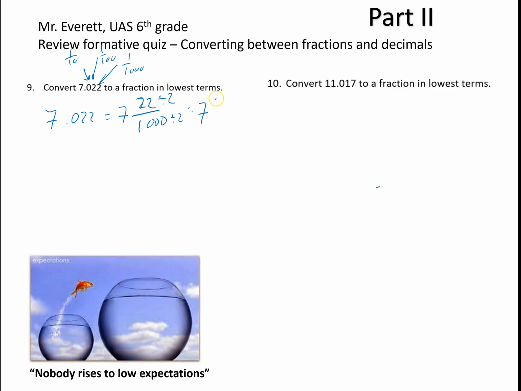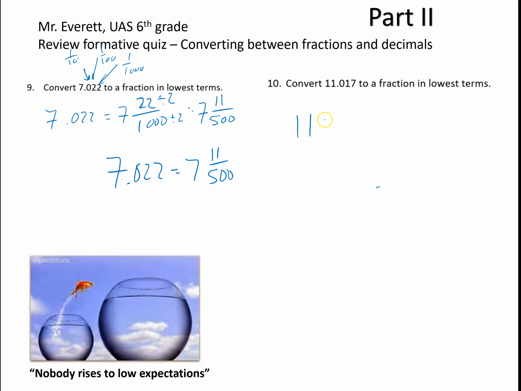I get 7 and 11 over 500. 11 is a prime number. 11 is not a factor of 500. So my only common factor is 1. I'm in lowest terms. 7 and 22 over 1000 is the same as 7 and 11 over 500.